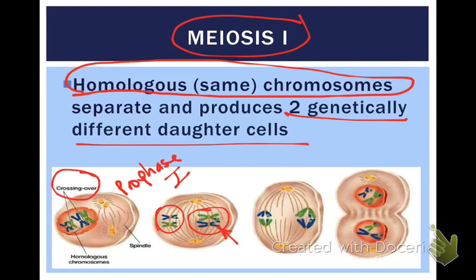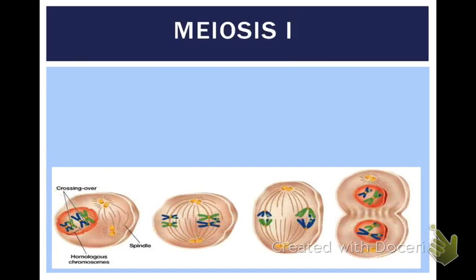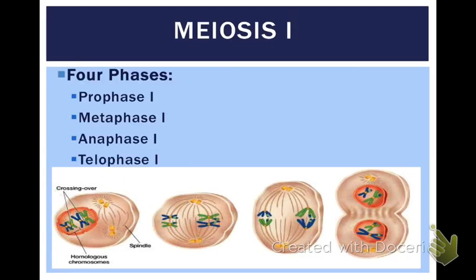So in meiosis 1, again, the chromosomes separate and two daughter cells form. That's the end result of the process. Now, meiosis 1 is divided into 4 phases, just like mitosis. Remember that. All the phases in meiosis 1 are going to have a Roman numeral 1, which tells whoever's looking at this that this is happening in meiosis 1.